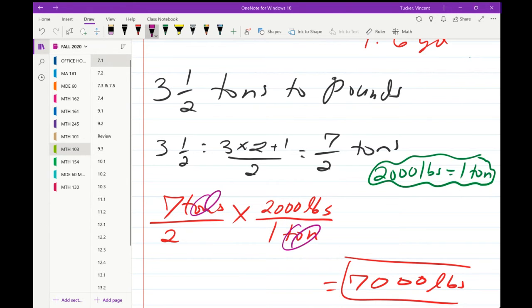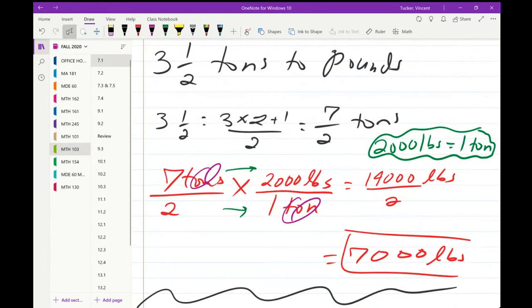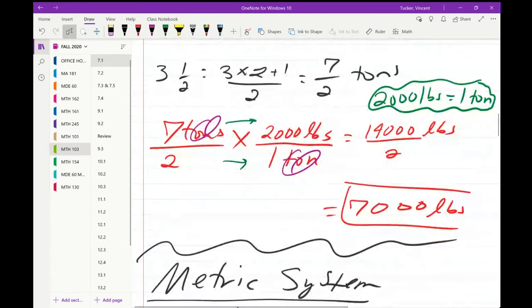Tons cancel. Multiply across. 14,000 pounds over 2. And 14,000 divided by 2 is 7,000. All right. Questions? Any questions?